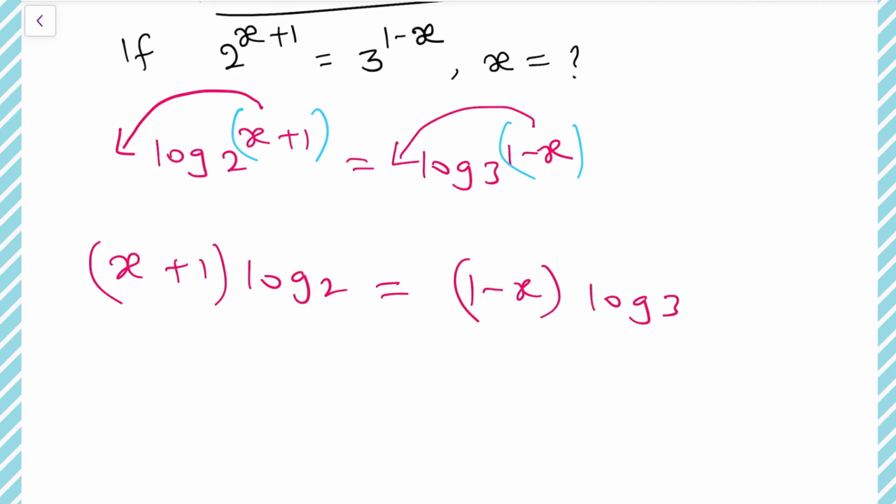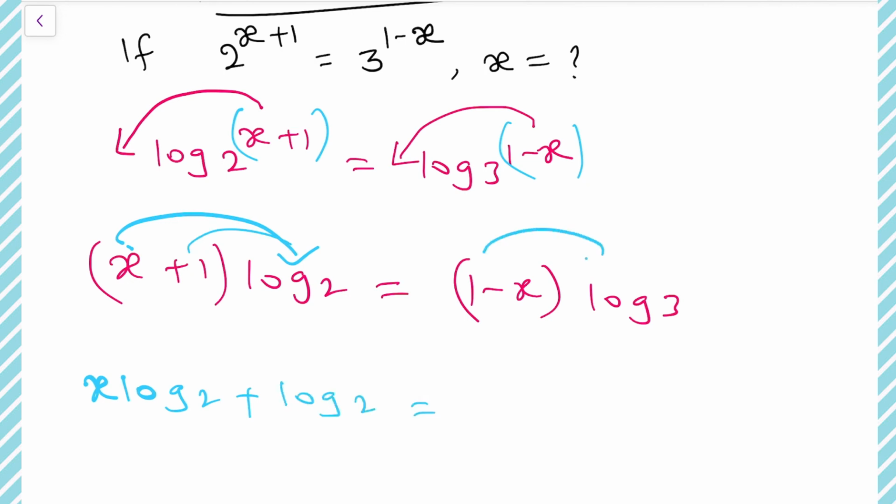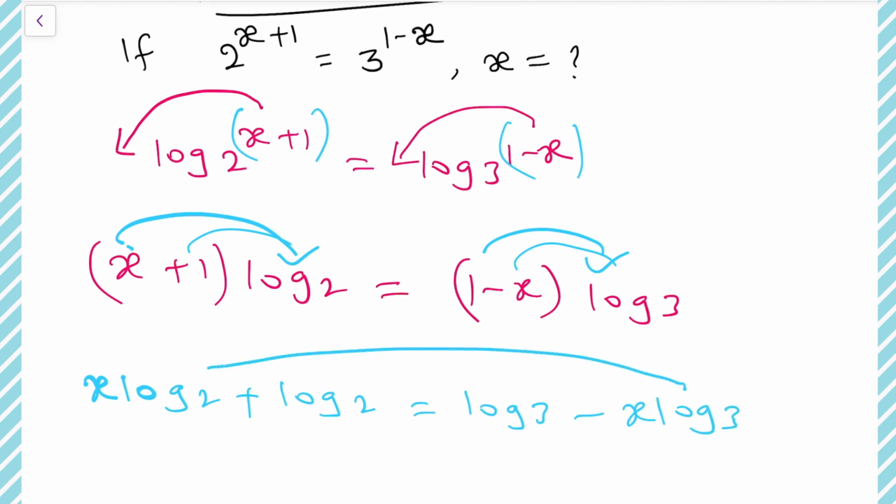Now let us expand this. x into log 2, x log 2, plus 1 into log 2, 1 log 2, nothing but log 2. 1 into log 3, 1 log 3 simply as log 3, minus x into log 3, x log 3. Minus x log 3 I will take to the left side and log 2 I will bring to the right side.